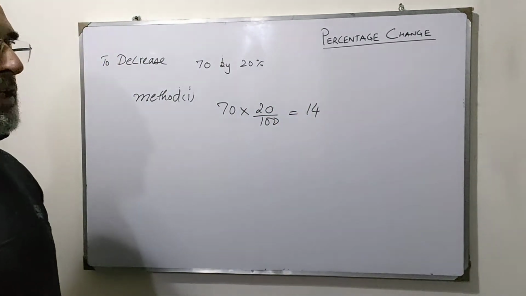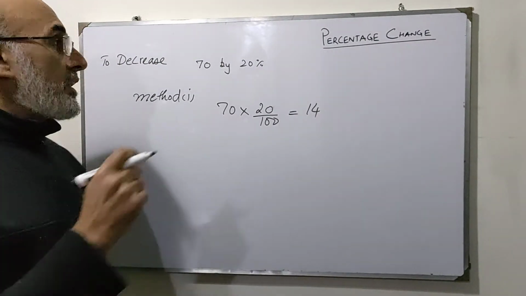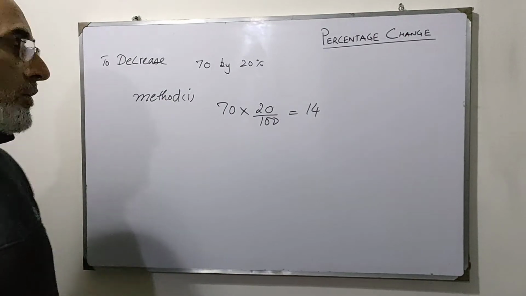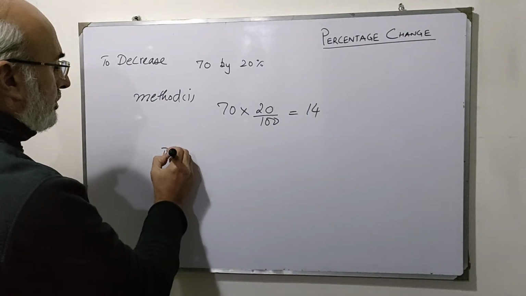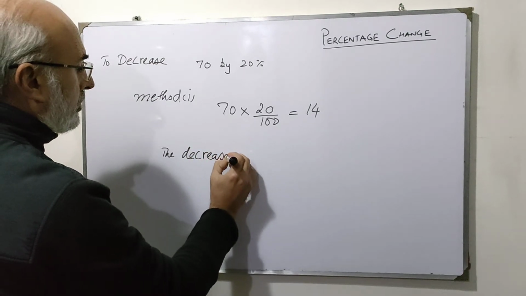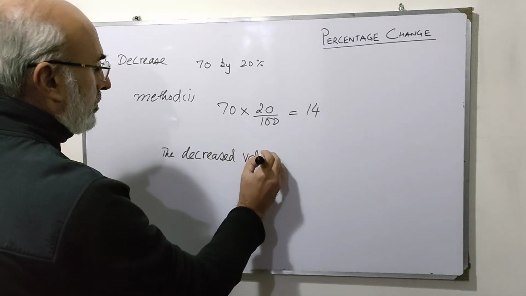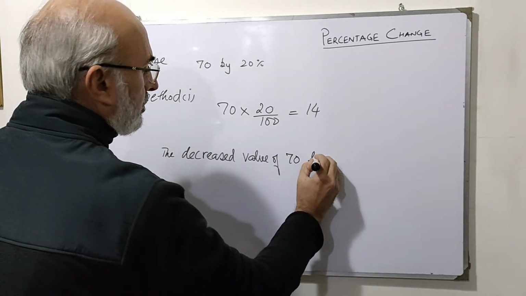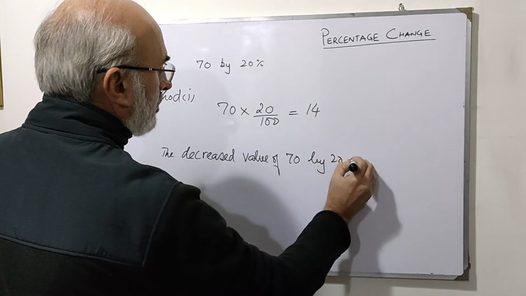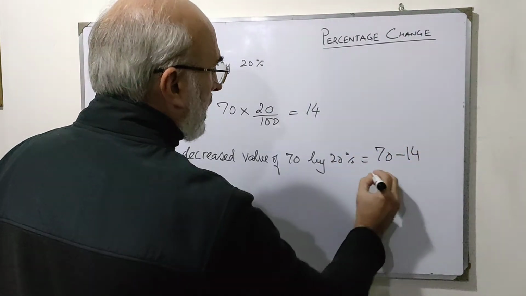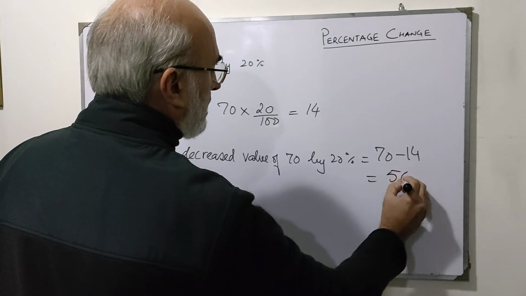But we have to decrease 70 by 20%. So what are we going to do now? The decreased value is 70 minus 14, which is 56.